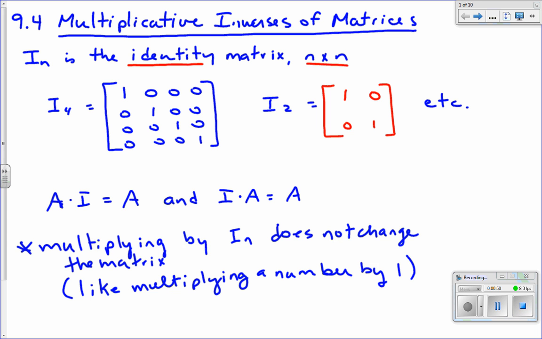A property of the identity matrix is that if I take any matrix and multiply it by I, I get the same matrix. Or if I take I and multiply it by any matrix, I get the same matrix. It's just like multiplying a number by 1. Multiplying a matrix by the identity matrix does not change its values.